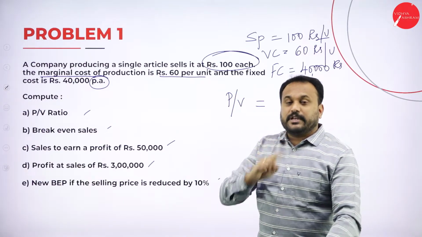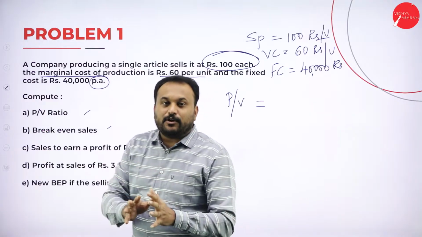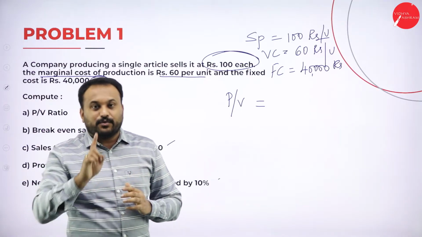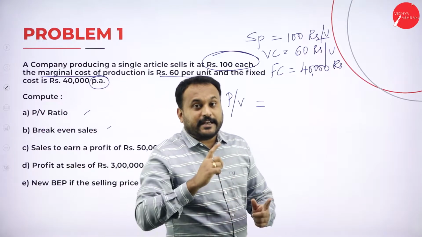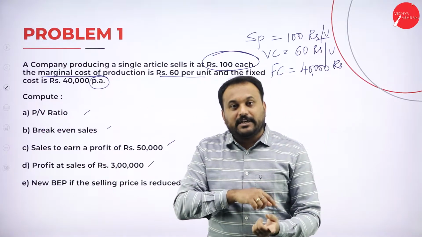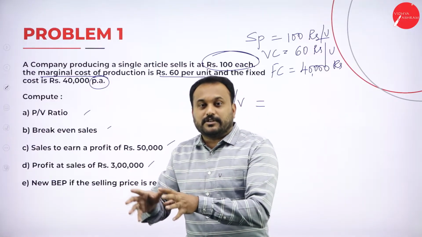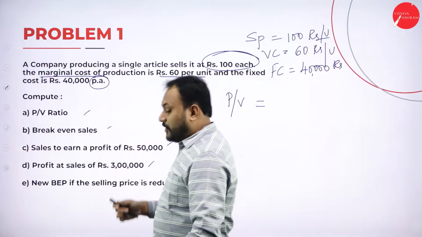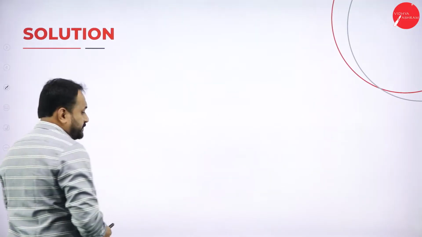The first thing which we need to know is PV can also be calculated if selling price is given, that is for 1 unit how much. And even we can calculate PV if the variable cost per unit is also given. How will we calculate? Let's go with the formulas now. Now the solution here.